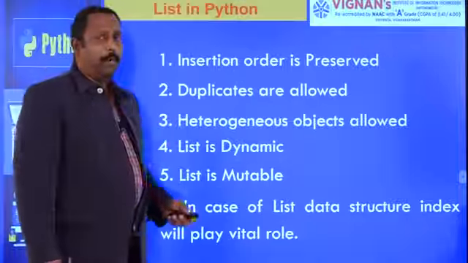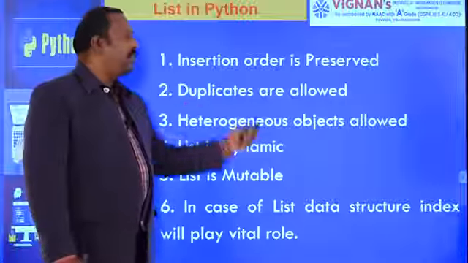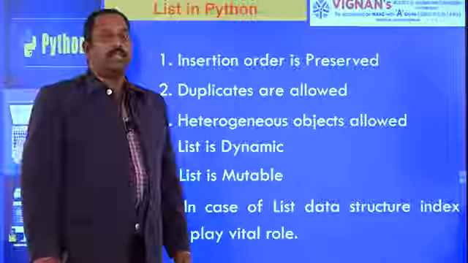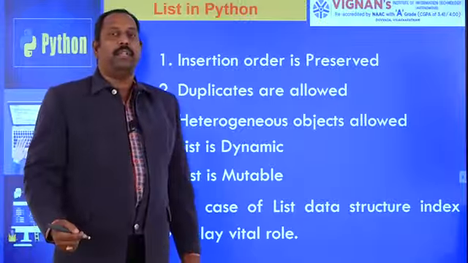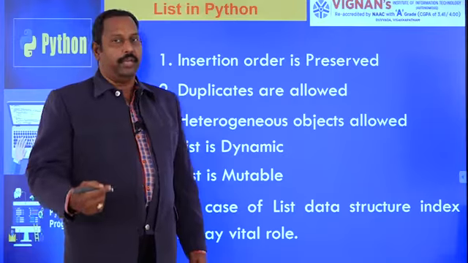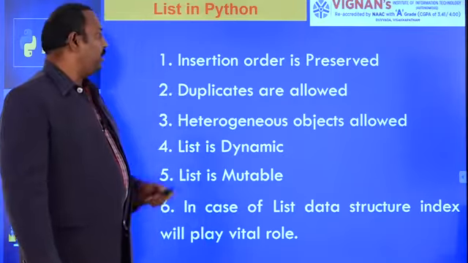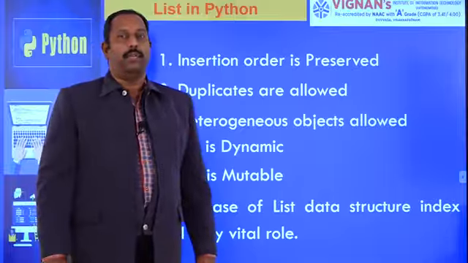So what are the properties of the list data structure? The first one is that insertion order is preserved. That means in whichever way you have inserted the elements into a list, in the same way they will appear. And next, duplicates are allowed.